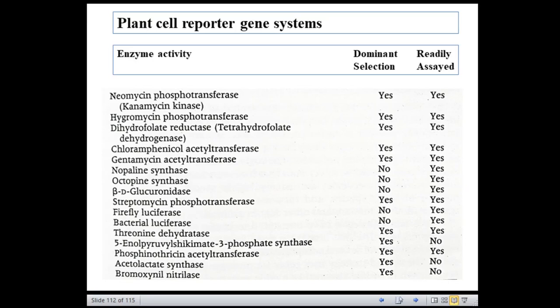For example, in the presence of the antibiotic kanamycin, only plant cells with a functional neomycin phosphotransferase gene can grow. The needs of a particular experiment often dictate which reporter gene will be used. So it all depends upon the need of the particular experiment, which dictates which reporter gene will be used.